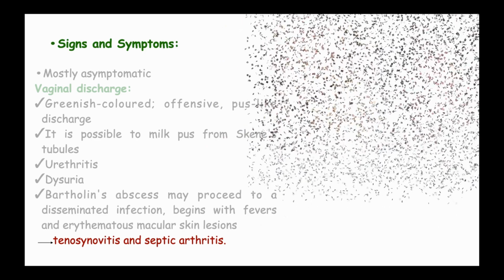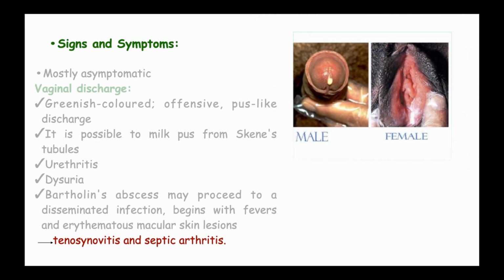Now, if you look at the diagram on the right, you can see the discharges that I talked about. The male discharge is greenish-yellow, and in the female you also see some pus-like discharge within the vagina.